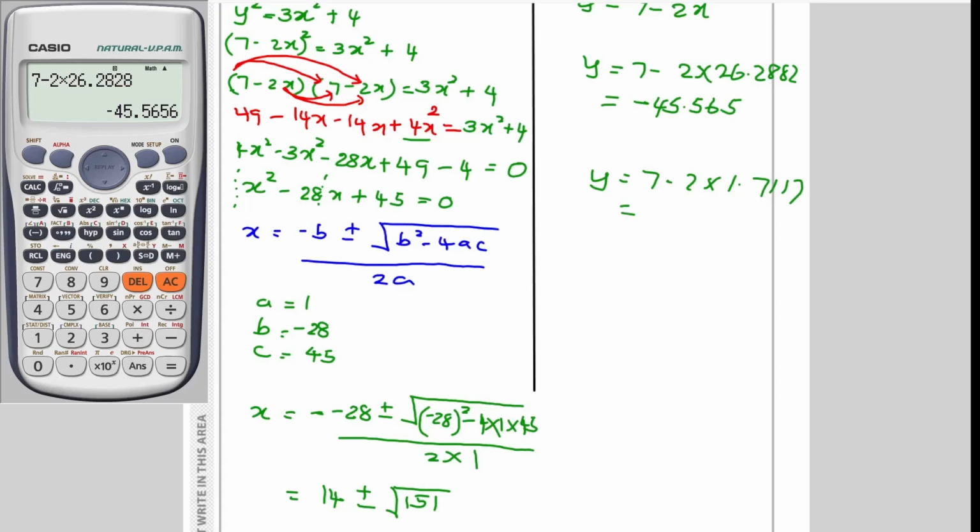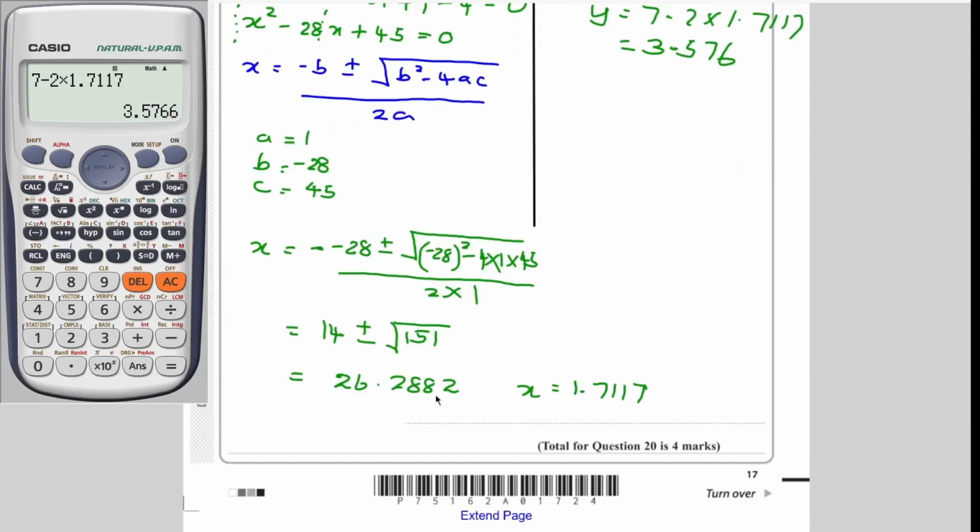Here this one, 7 minus 2 into 1.7117 is 3.576. Okay, now we have to write our final answers.